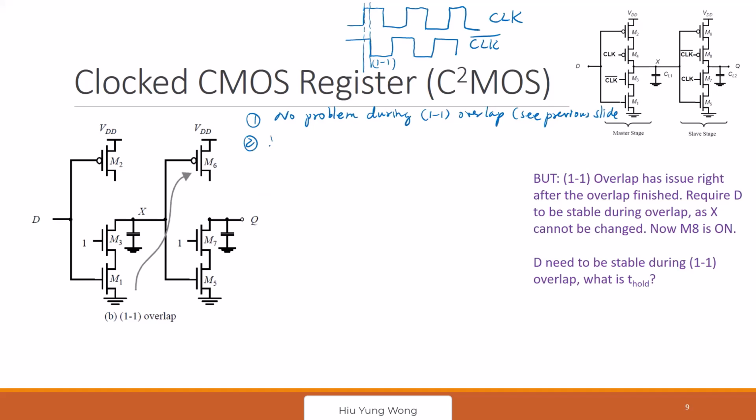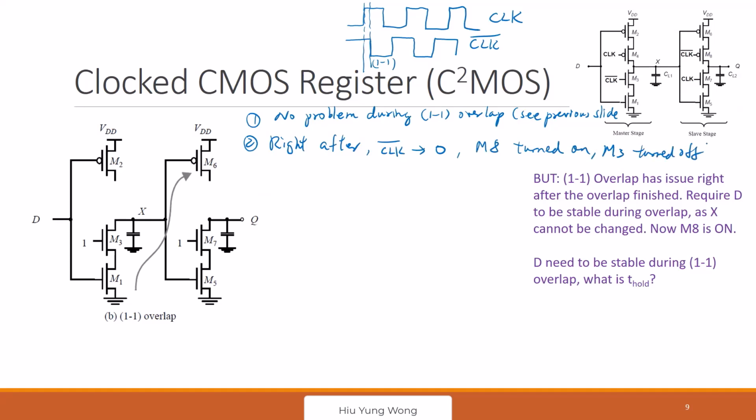But right after, what happened? Right after clock bar becomes 0, that is okay, right? That's what we want. And then when clock bar becomes 0, M8 turns on, M3 turns off.